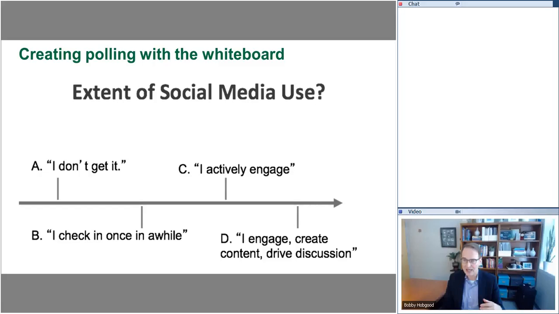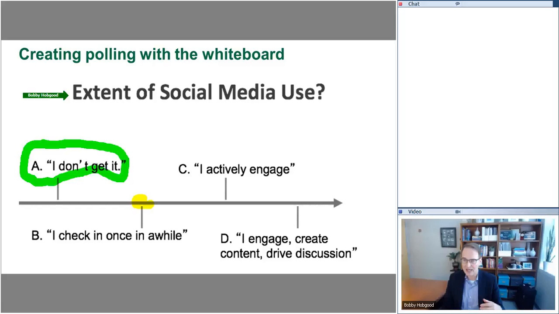You have a tool that is the pencil tool, and you can change the color of that pencil. And so I'm going to ask you, if you would, to click on that pencil and then just kind of maybe draw a circle on this continuum that best represents the extent to which you use social media.